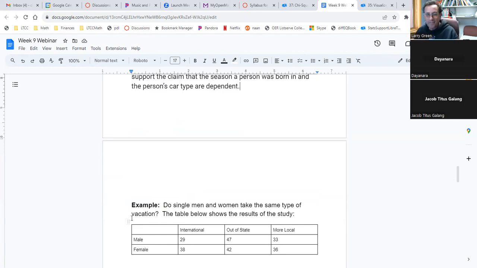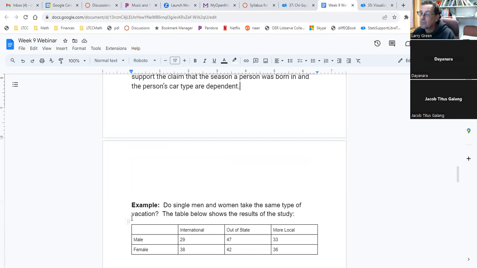Okay, so here's a different example. Do single men and women take the same type of vacation? Very important, by the way, if let's say you're an advertiser, because if you're into advertising, or let's say you're in charge of advertising for some maybe airline company, then you want to decide if you have a group of men that's typically the audience, are you going to advertise differently than a group of women who are the audience?